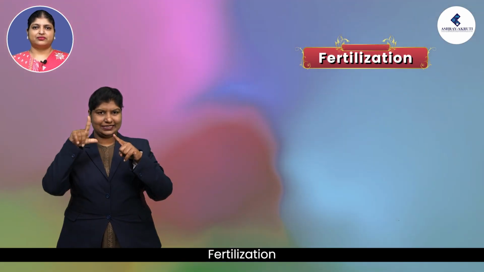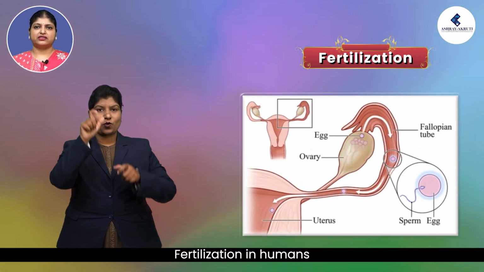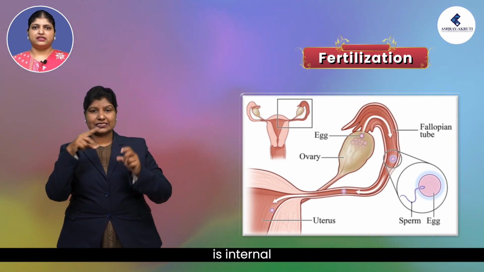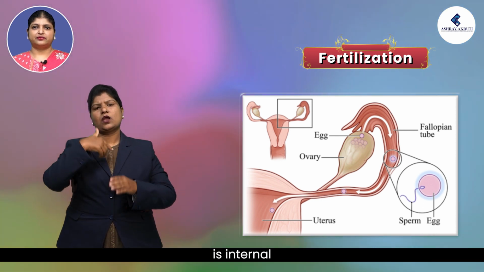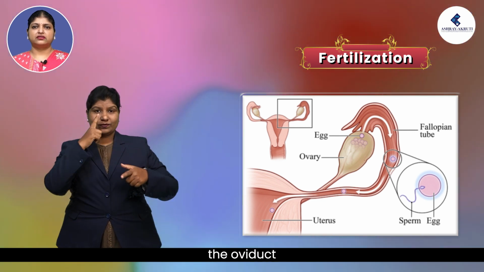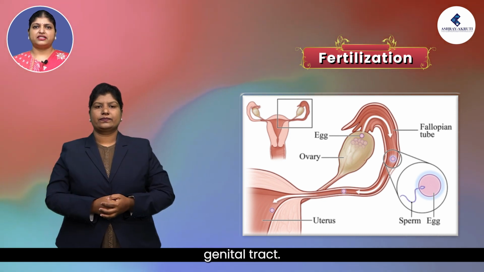Fertilization. Fertilization in humans is internal and occurs in the oviduct of the female genital tract.